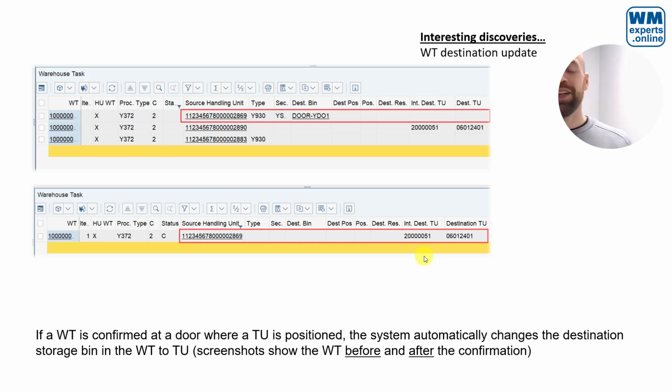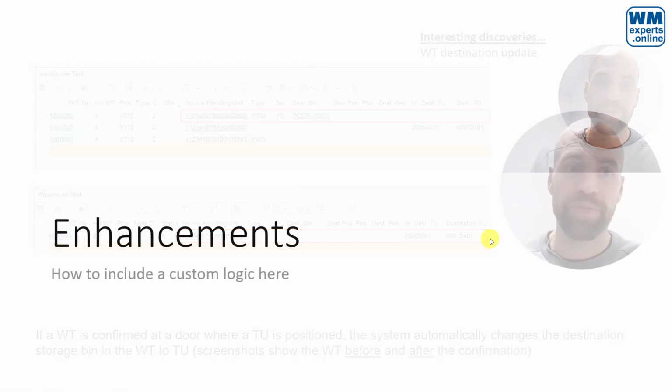This has nothing to do with the first finding that I showed you, where the RF displays the door bin, but in the background we still have the TU as a destination. So it seems the TU always has a priority here if it is assigned to the delivery item. And even if there was a door bin in the task before, and during the confirmation a TU is assigned, then EWM will update the task so that we have the TU in the destination. I thought that would be interesting for you to know and take away from this video.